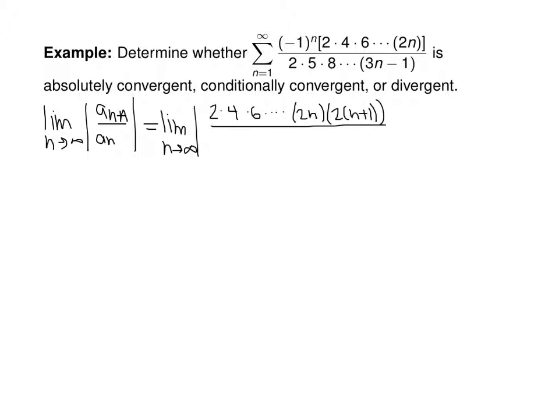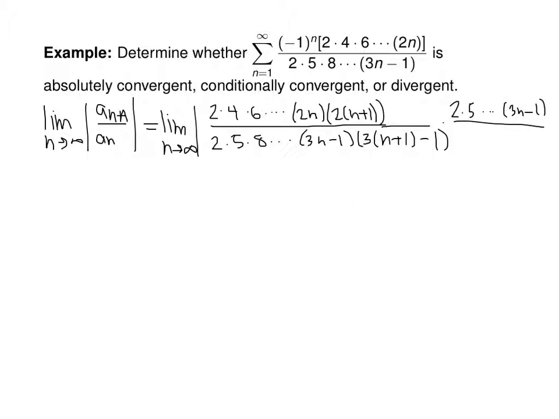And the denominator will have 2 times 5 times 8, up to 3n minus 1, and then 3 times n plus 1 minus 1. Multiplied by the reciprocal of what we already have. So 2, 5, etc., 3n minus 1 over 2, 4, 6, up to 2n.